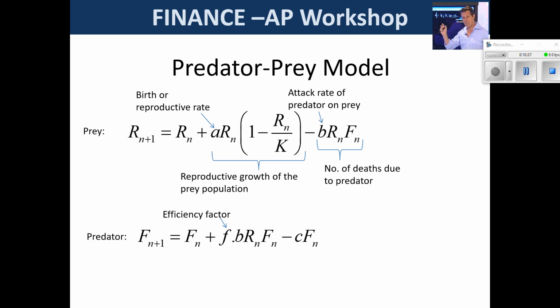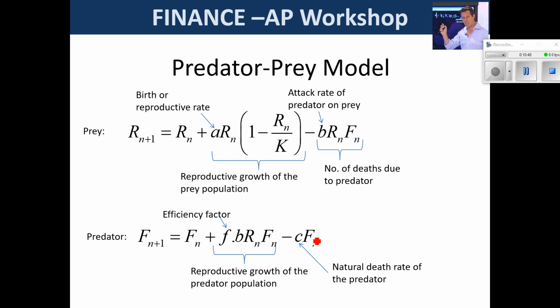It's a little bit more complex than just an efficiency factor, but basically based on the chance encounters between rabbits and foxes and deaths, this factor is going to increase the population. So that's reproductive growth. And the C over here is the natural death rate.